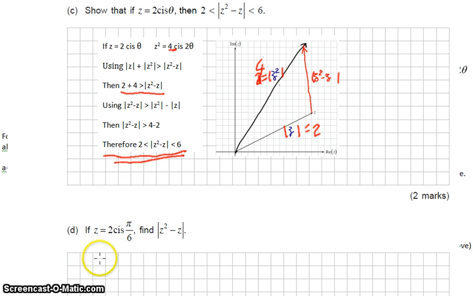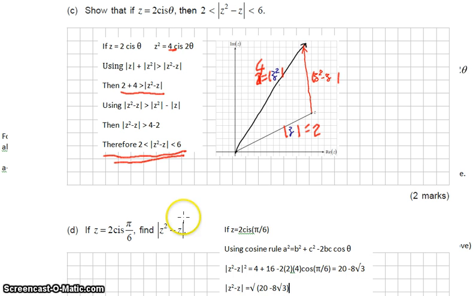And finally, we look at part D. Alright, in this case, you know that theta is equal to pi over 6. And you are asked to find the modulus of z squared minus z. Now we again need to refer to the triangle over here, knowing the lengths 4, 2, and you are asked to find this length.